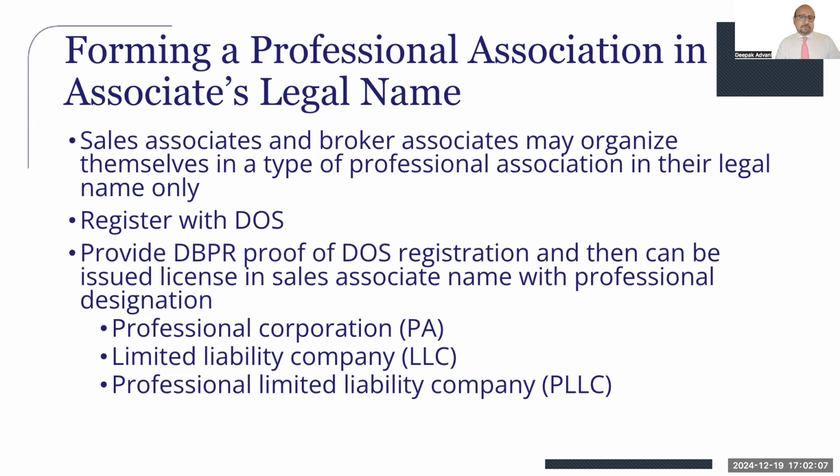The other one is an LLC, limited liability company, and a professional limited liability company at the same time. You might want to consult your tax accountant, your tax advisor, to see what might be the best option in your particular situation if you decide to go that route.